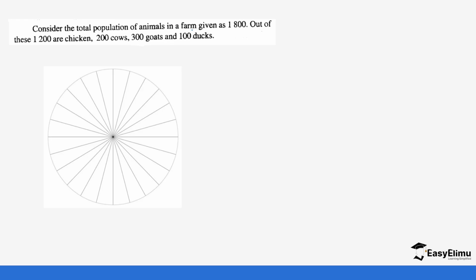So if you were to look at chickens, they are going to be 1,200 divided by 1,800, then times 360. 1,200 divided by 1,800 will give us 0.66666, then times 360, which will give us 240 degrees.